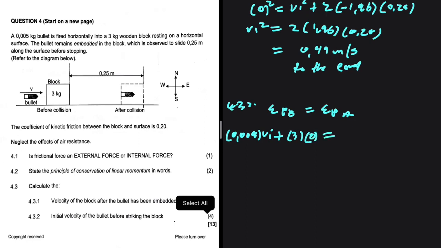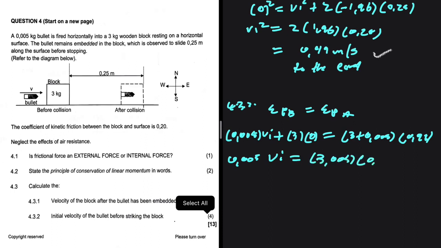As the bullet gets embedded in the block, we have a mass of 3 plus 0.005 and a velocity of 0.99, which we just calculated in 4.3.1. So 0.005 VI equals 3.005 multiplied by 0.99.